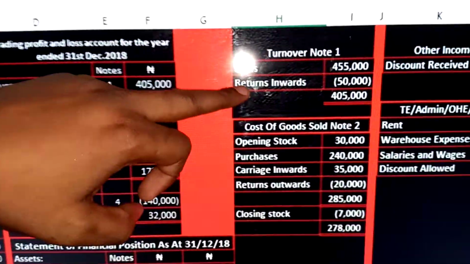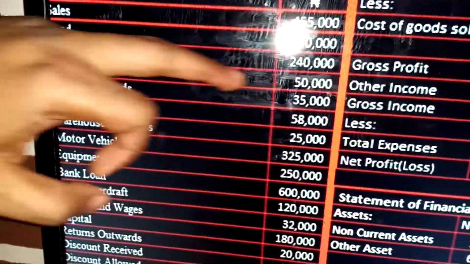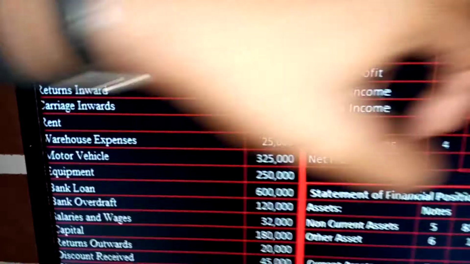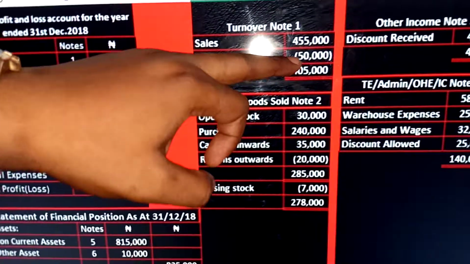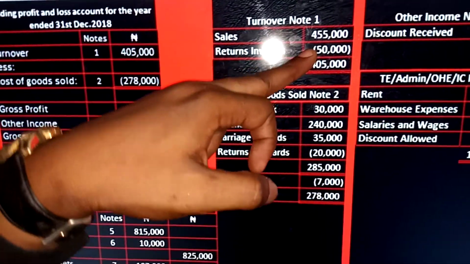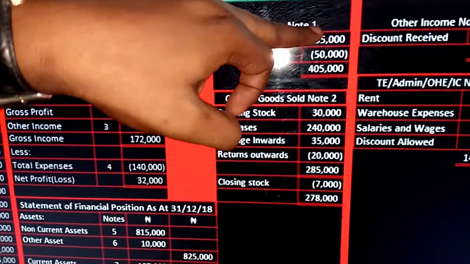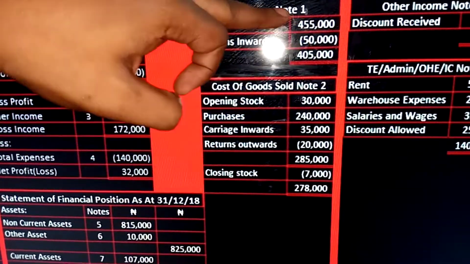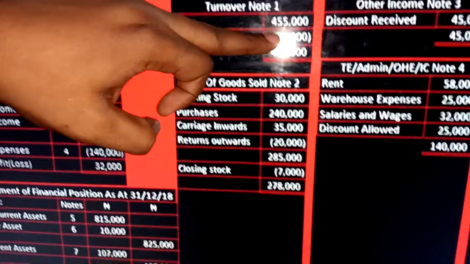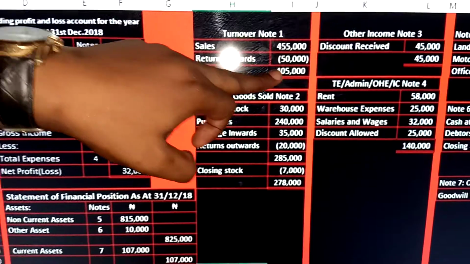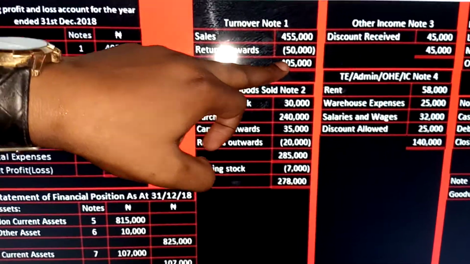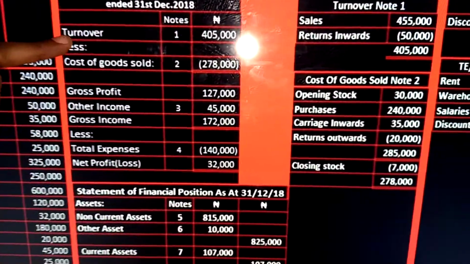And then we have returns inwards. According to the question, returns inward is 50,000. Because return inward reduces sales, we are doing sales minus returns inward, which is 455,000 minus 50,000. That gives us 405,000. That is what has been quoted here as turnover.